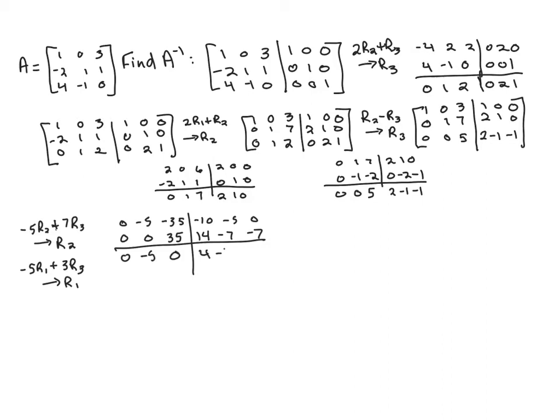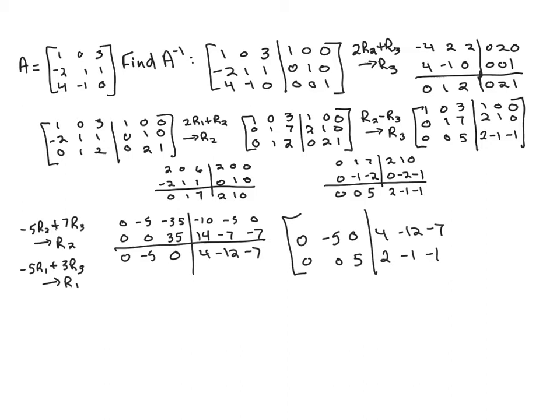This is a 4, a negative 12, and a negative 7. That's my new row 2. Now row 3 is going to stay the same. Just cleaning up here as I go. Row 2 is 0 minus 5. I'll divide in a minute. This is 4, negative 12, negative 7.